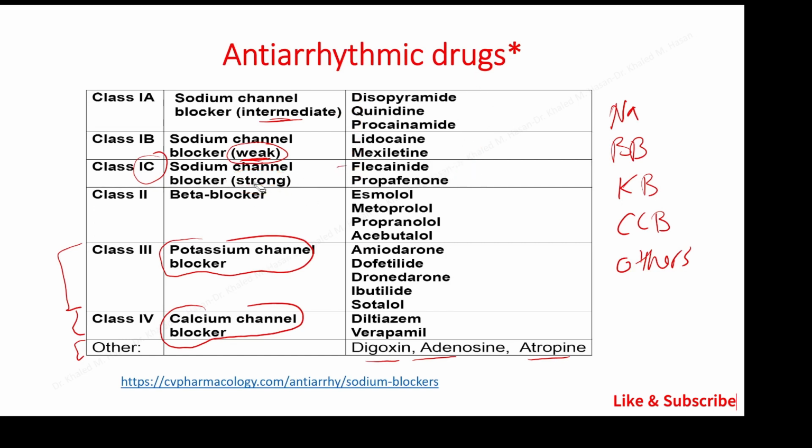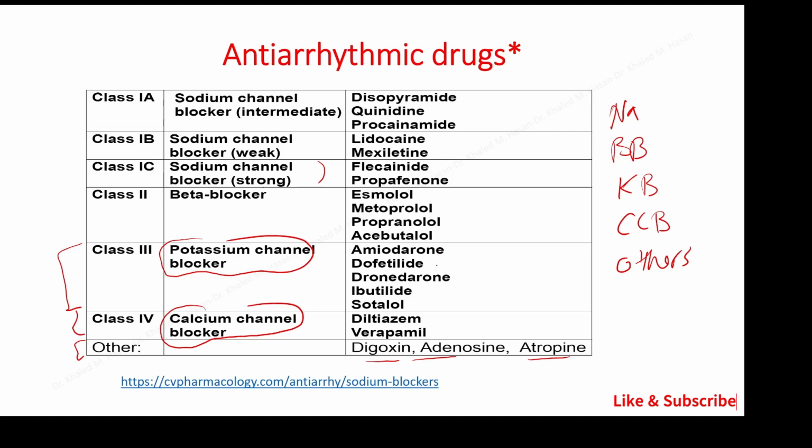The question: which one of these class 1 will be the most potent or the strongest? Class 1C, including flecainide and propafenone. Class 1A is considered intermediate, and the weakest for this group of medications will be 1B, lidocaine and mexiletine. Okay, regarding the beta blockers for class 2, we have esmolol, metoprolol, propranolol, atenolol.